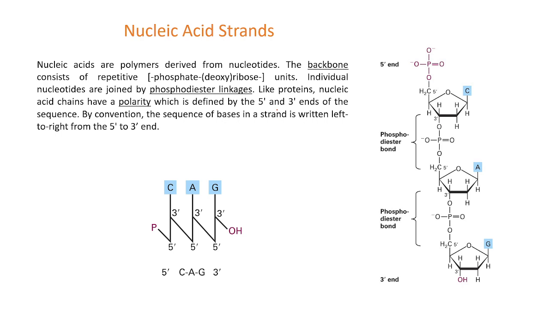By convention, the sequence of the bases is written from left to right, that is from the 5' to the 3' end. The forward strand is directed from the 5' end to the 3' end. That is very simple for the forward strand.